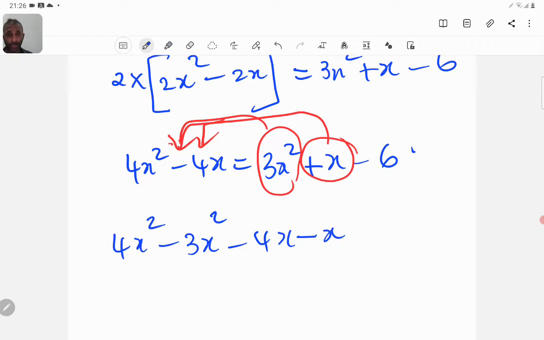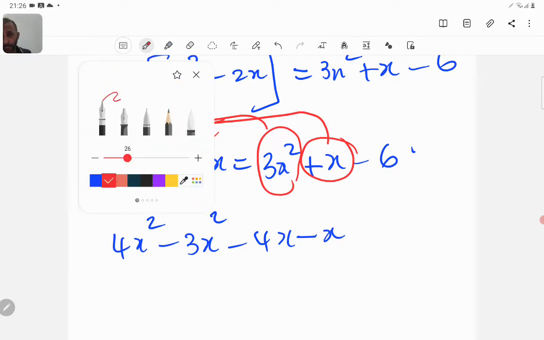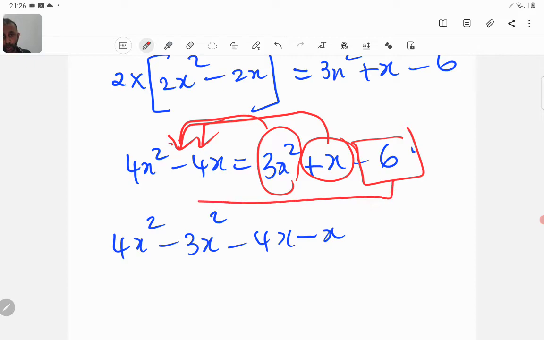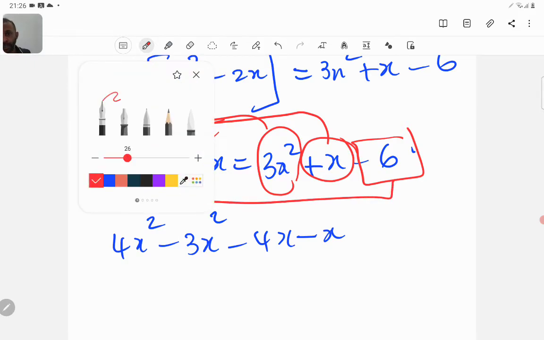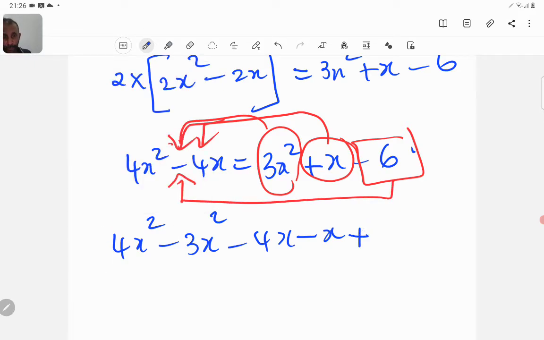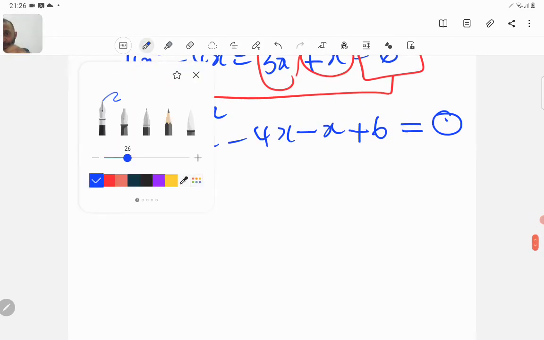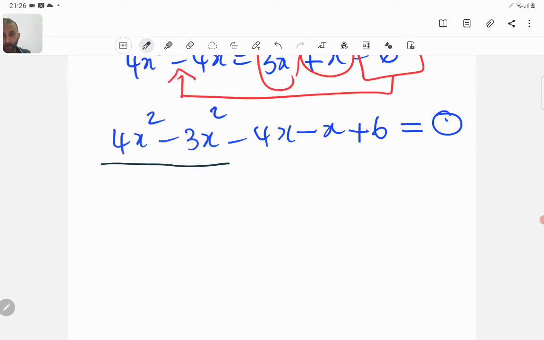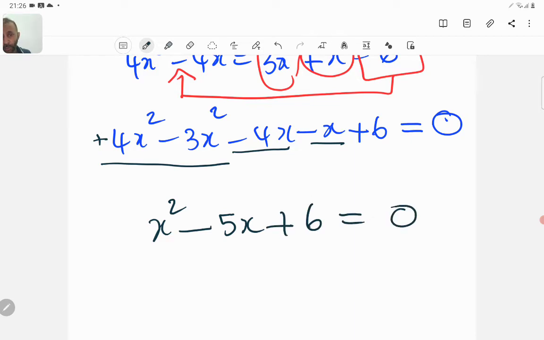And note that this − 6 I will also bring to this side of the equation, and that becomes + 6, and the answer is 0. Now we will simplify. If you combine these, you get 4x² − 3x², so the answer is + x², and then − 4x − x is − 5x, and then + 6 is equal to 0.